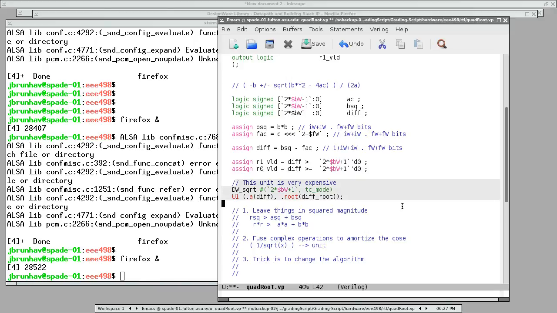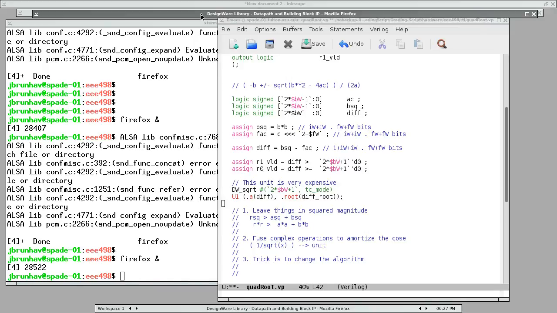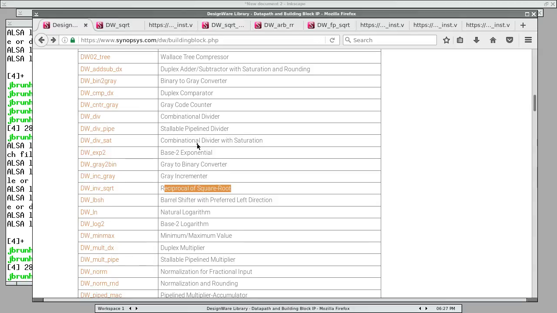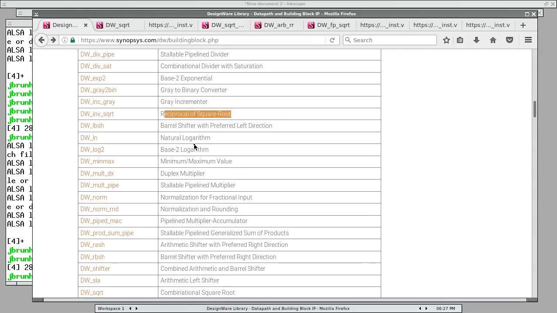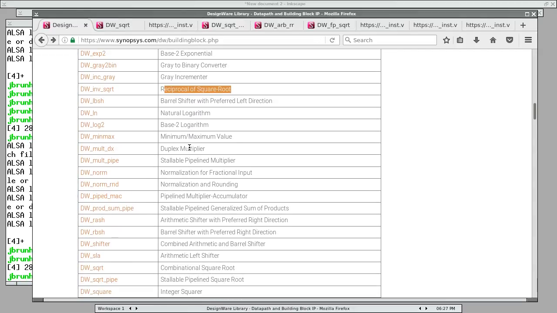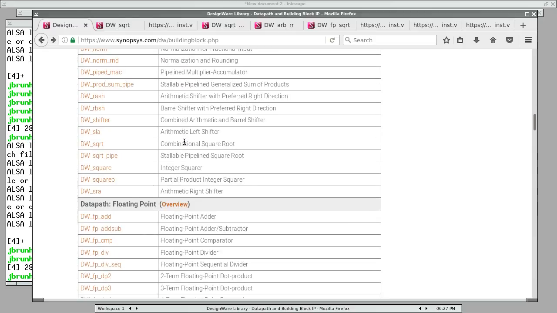One problem, and you could probably guess that we're going to have to do something about it, is that a square root has a lot of delay. So we're probably going to look for a pipelined square root. There's a stallable pipeline square root module. So we're probably going to end up adding a clock and pipelining our module to better support what's going on.